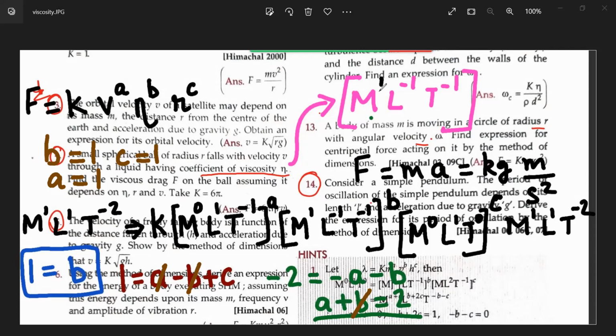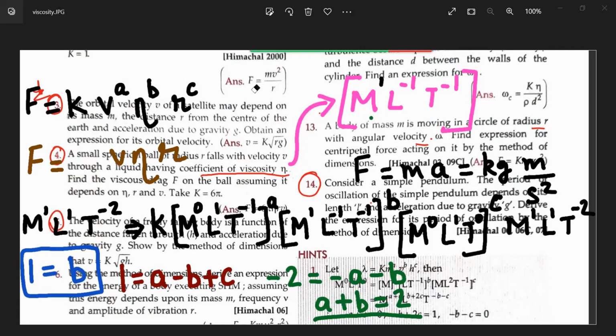So the formula would be F is equal to K V eta R, and this K I'm given a value of 6 pi.